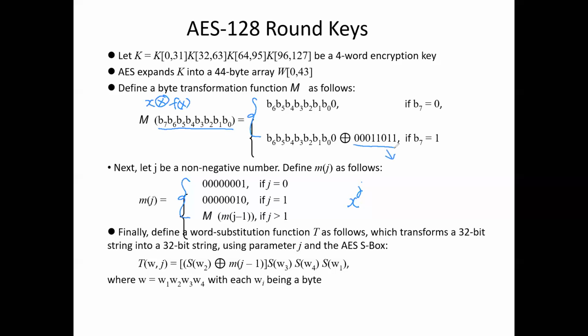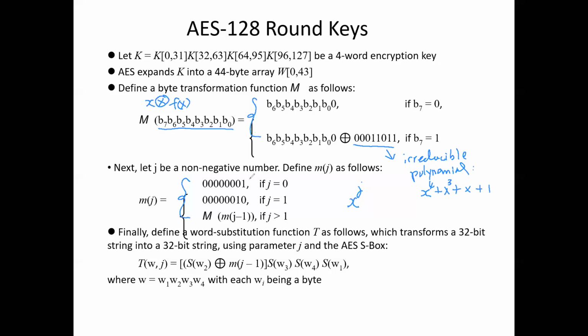This is an irreducible polynomial, so these are the coefficients of an irreducible polynomial, which is x to the fourth power plus x cubed plus x plus 1. We just take it as granted.